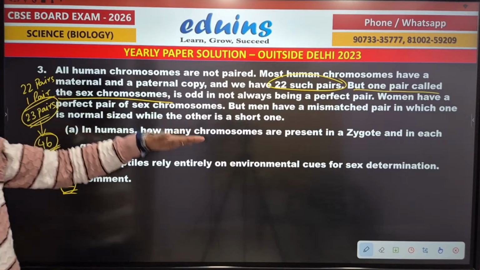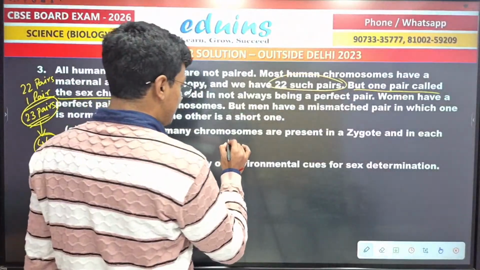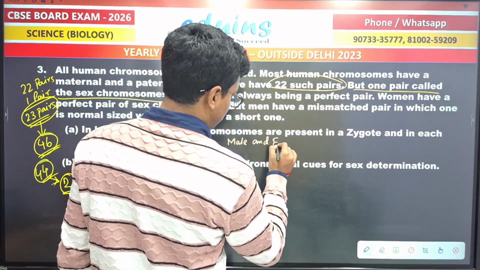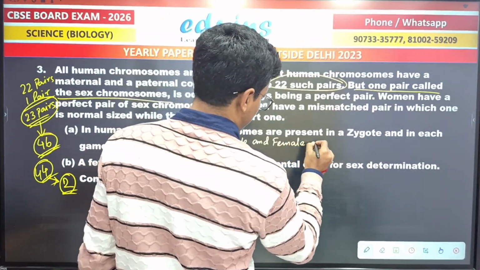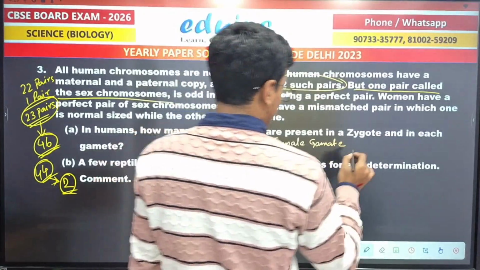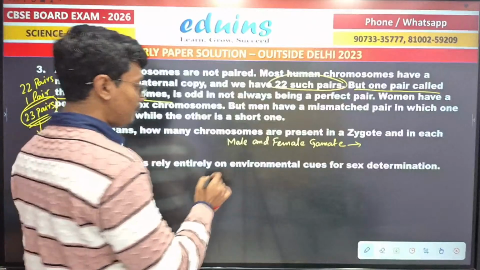So in humans, the chromosomes present in the zygote are 46. The zygote is formed by the male and female gamete, and each gamete contains how many chromosomes?